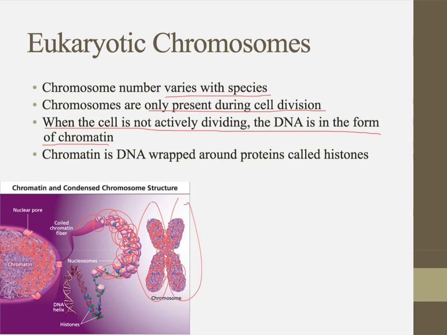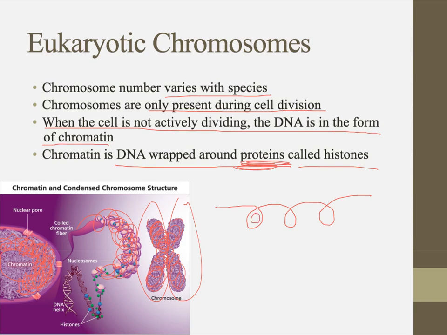I told you to draw the association between DNA and proteins for eukaryotic chromosomes. First, I want you to make sure you jot this down. In eukaryotes, DNA is wrapped around proteins, super important, called histones. Here we have the DNA, and it basically forms these loops, like this.